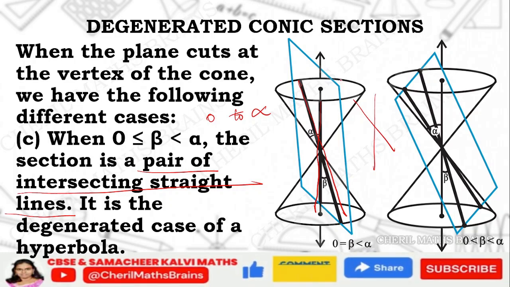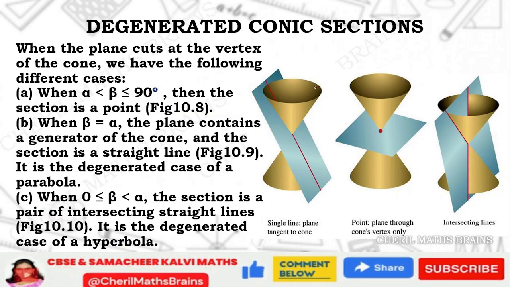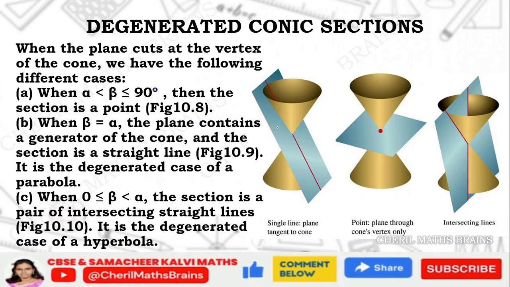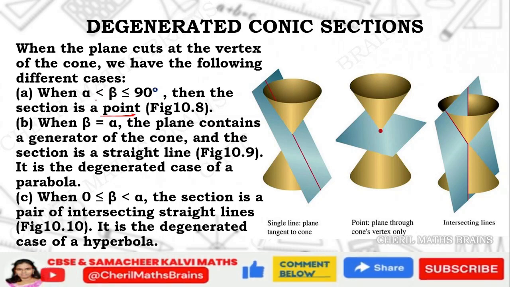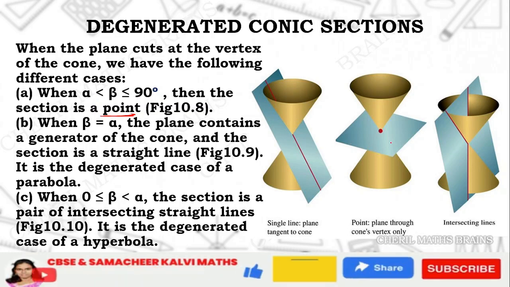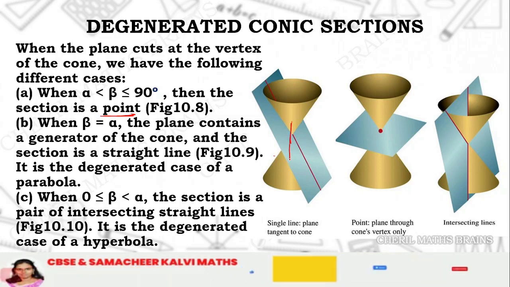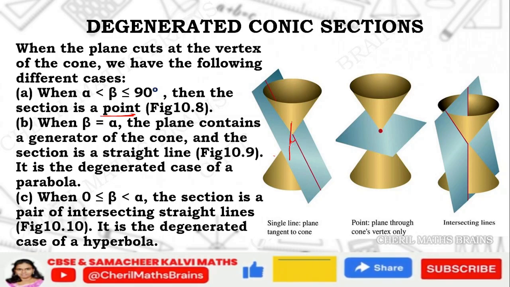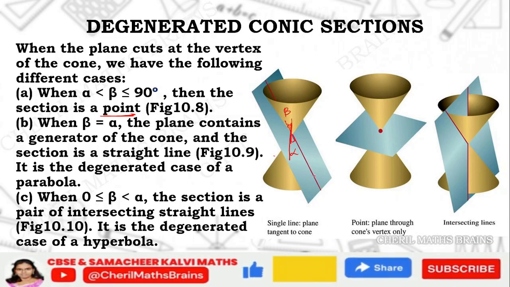Is it clear, children? These are the different cases to get the degenerated conic sections. The first one is where we got a point, when beta was greater than alpha and less than or equal to 90 degrees. When the cut is at an angle where alpha is equal to beta, you get a straight line.